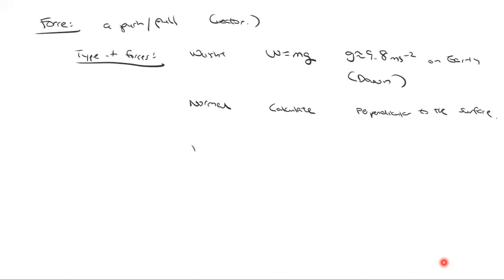You also have friction, which is often ignored. If you're told in the question that you've got a smooth surface or anything like that, then you assume it's frictionless. But if the question tells you to consider it, you will need to. The friction force is equal to mu times N, where mu is the coefficient of friction.